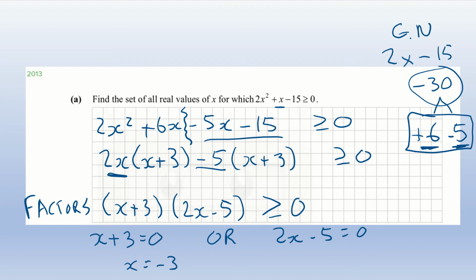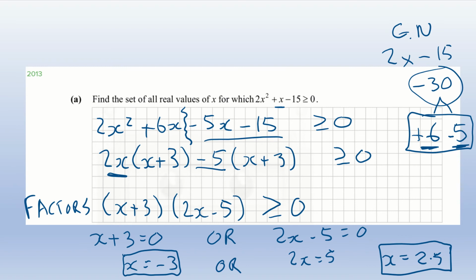And I'll just take the box off that and put it on my actual root there. Or I'm going to have, on this side, 2x minus 5 is equal to 0. If I add 5 to both sides, I'm going to get 2x is equal to 5. And if I divide both sides by 2, I'm going to get x is equal to 2.5.